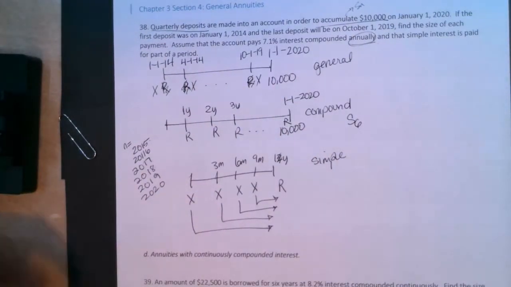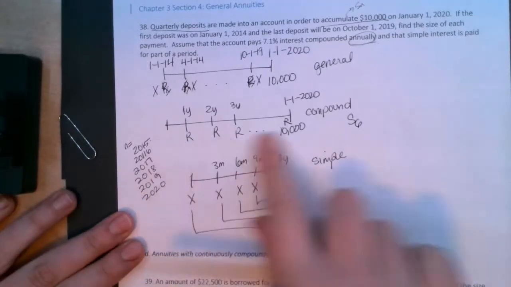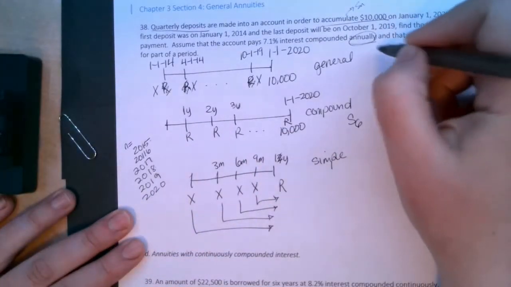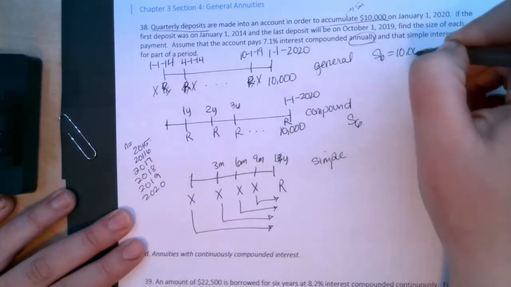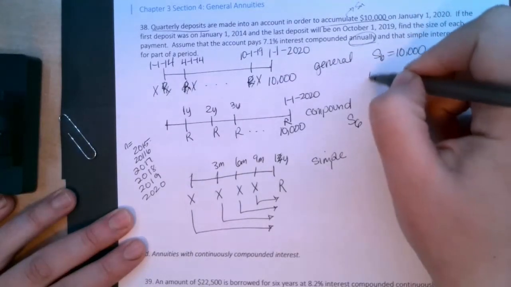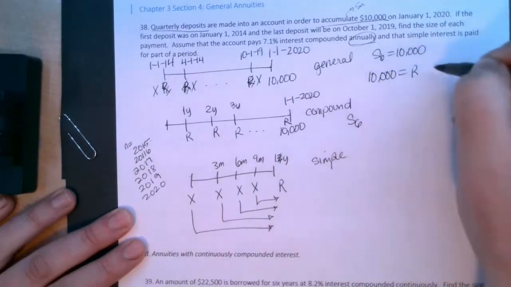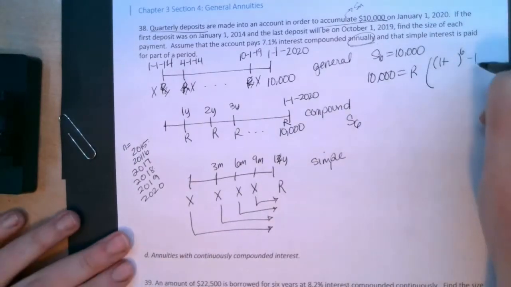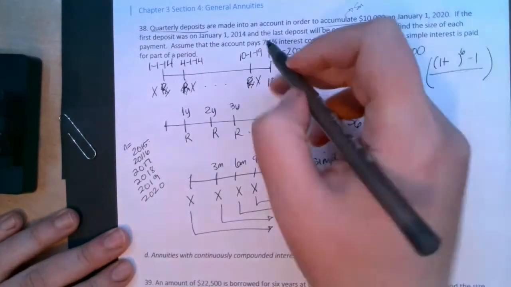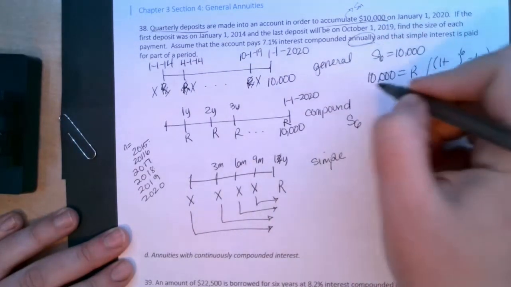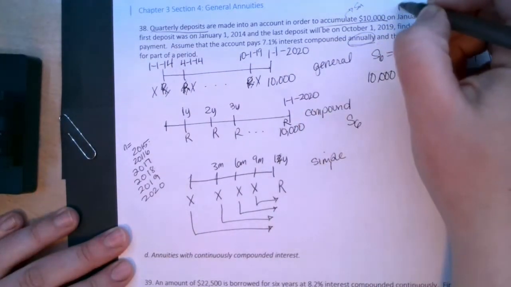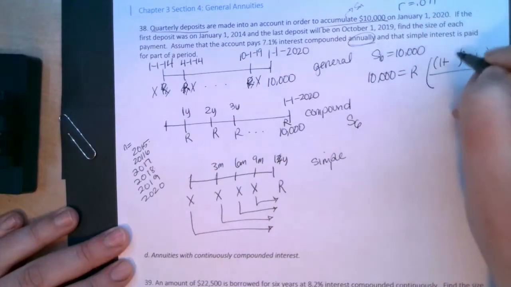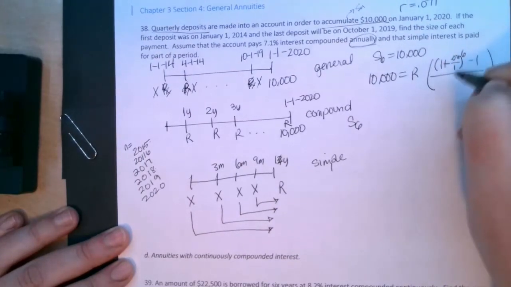So we have to figure out two pieces here. We have to figure out our R, that's at the end of each year, and then we're going to break that up into our quarterly payment. So first, by taking our R, we know that S6 is equal to our 10,000, and our S sub n formula is R times 1 plus I to the 6 minus 1 over I. Here our I is 0.071 over 1.